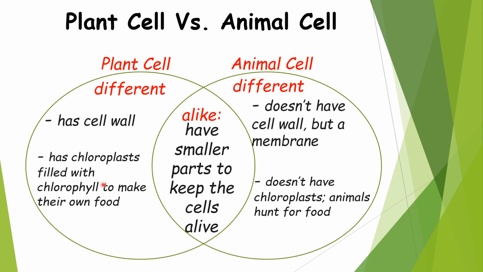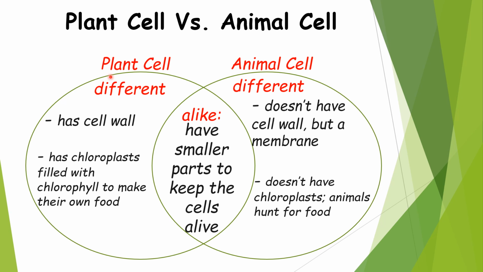The other difference that we're going to talk about, which is the most important thing in our lesson: a plant cell has chloroplasts filled with chlorophyll to make their own food. Remember that plants do not go out and hunt for food. They make their own food.